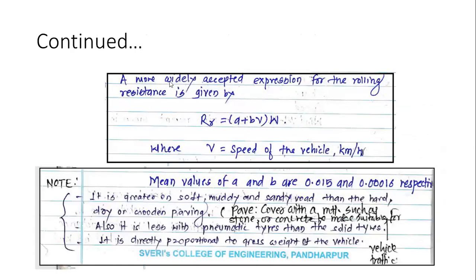Then a more widely accepted expression for rolling resistance. So this W we know, this one is the load or weight of the vehicle, and for the K there is another relation, A plus BV, where V is the speed of the vehicle.